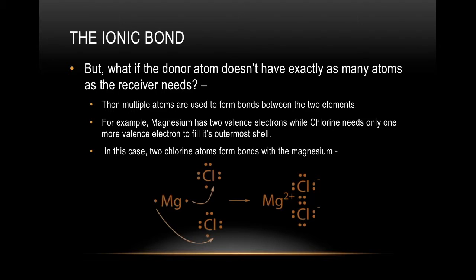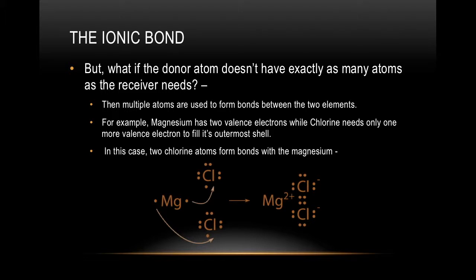Just keep that in mind, because it gives away 2 electrons and has 2 more protons than electrons now. Chlorine gets 1 electron each, and now each chlorine atom has a single negative charge.